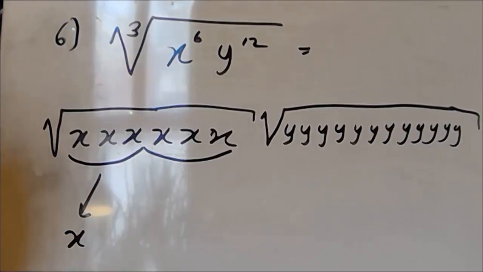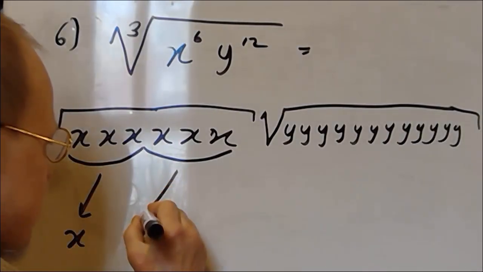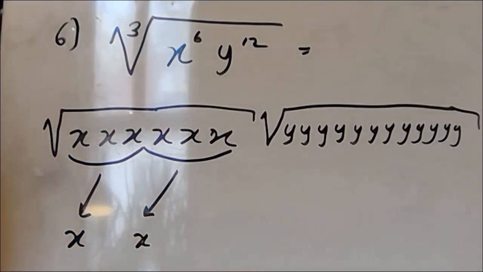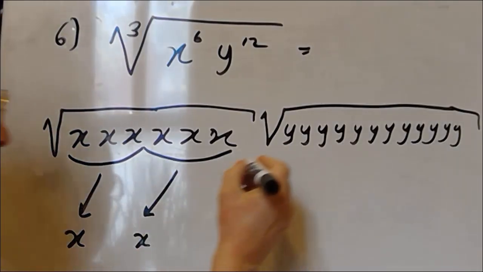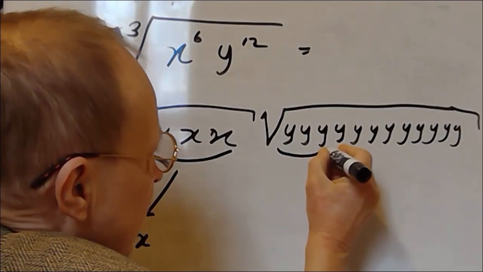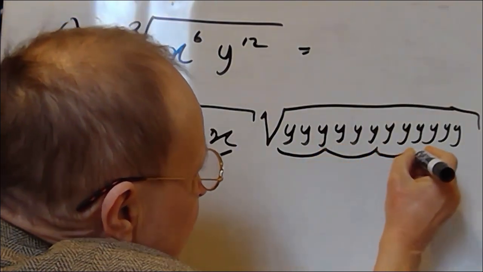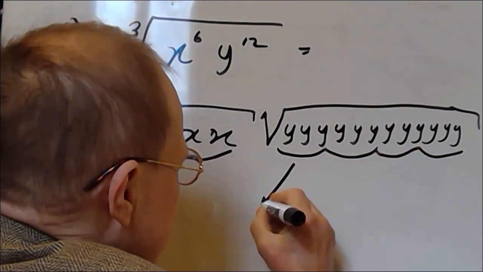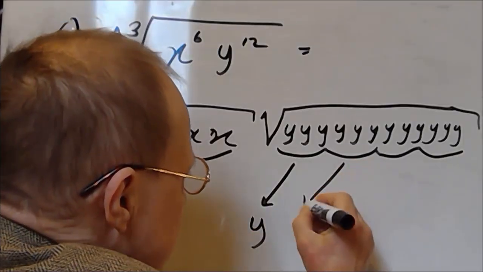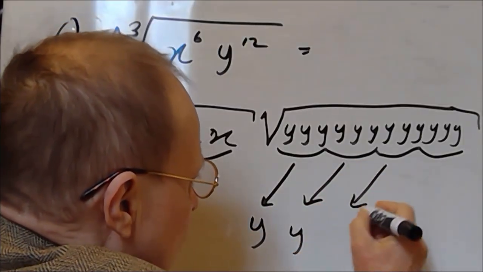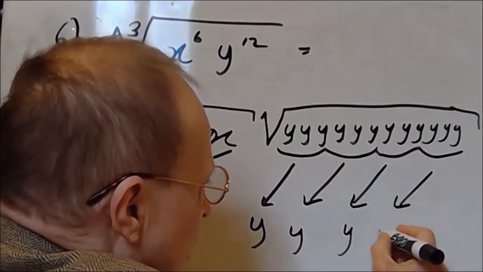So now we can take the x out of the radical sign. And we can take another x out of the radical sign. And similarly for the y, 3, 3, 3, 3. So we have a y, a y, a y, a y.